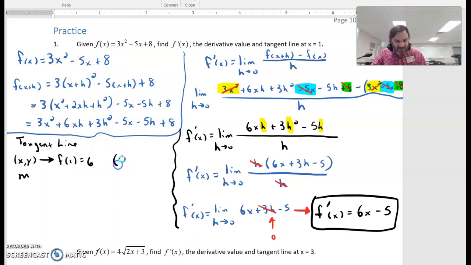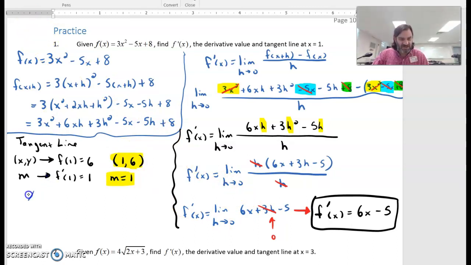So I have the point (1, 6), if I'm not mistaken. Looks good. And I'm going to plug the 1 into the derivative, which was 6x minus 5, and that gives me a 1. So m is 1. So I'm using this point (1, 6) and this slope of 1 to write the tangent line.